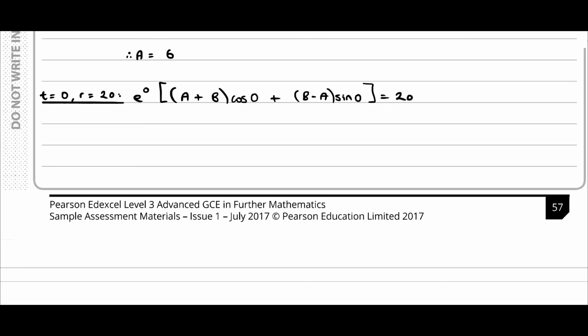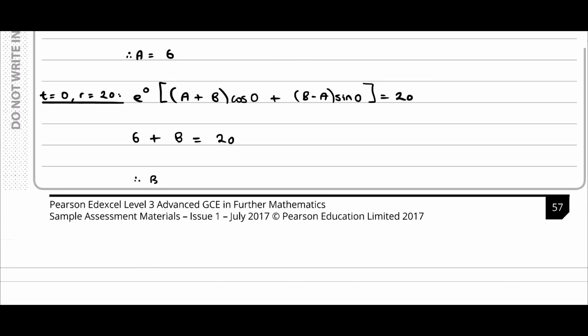So we have a plus b, remember sine of 0 is 0, and e to the 0, that's 1. So we have 6 plus b, remember a is equal to 6, so we have 6 plus b equals 20. b is equal to 14.